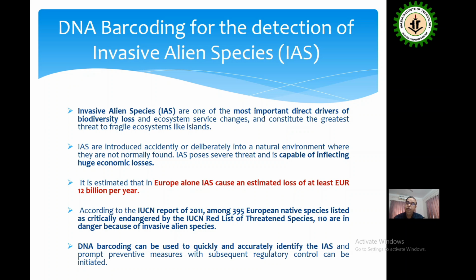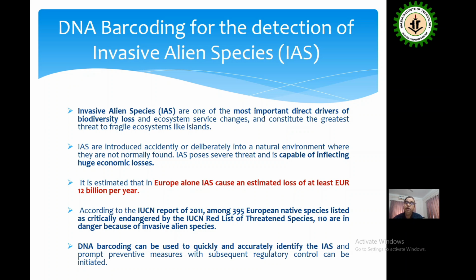Some fishes and some starfishes have caused huge economic loss because they have outnumbered the normal natural species inhabiting the Great Barrier Reef.